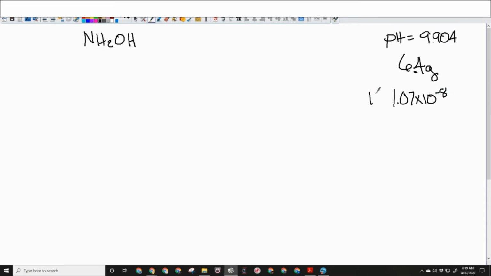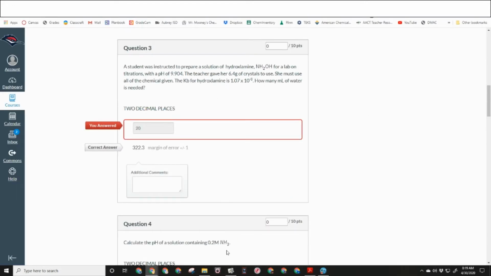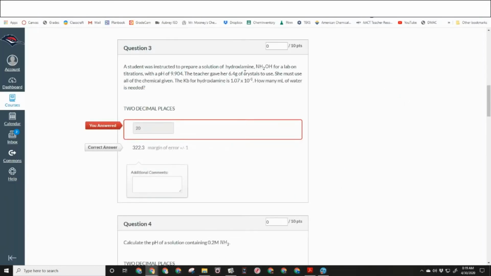I'm pretty sure they said Kb there. All right, so let's get our equation. A Kb is given to you, so that means that this is a base. And another clue is if it ends in amine, it's a base.